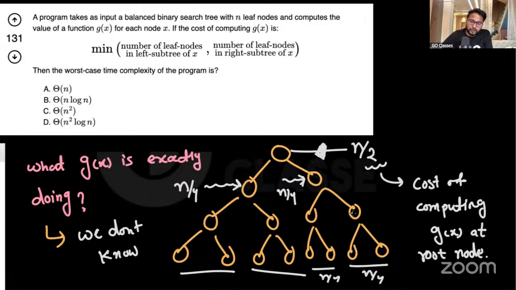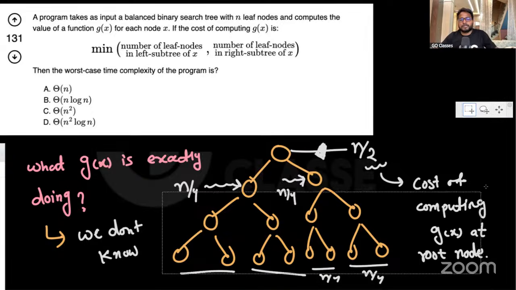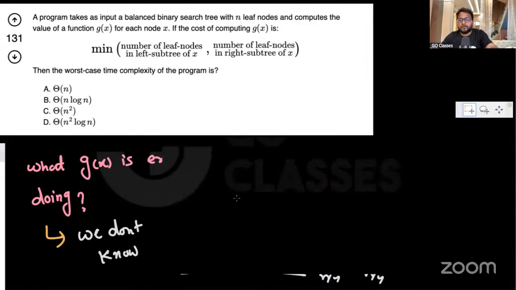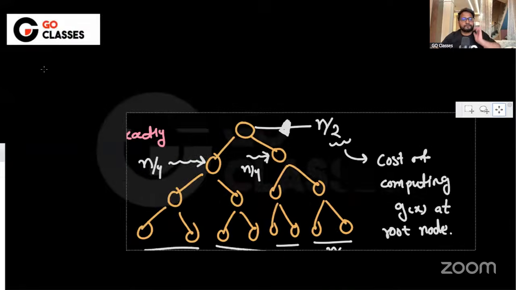I hope you're getting my point, right? So tell me, what is the cost of computing gx here? By the way, you can calculate the cost of computing gx at every node very easily. I will just tell you how.